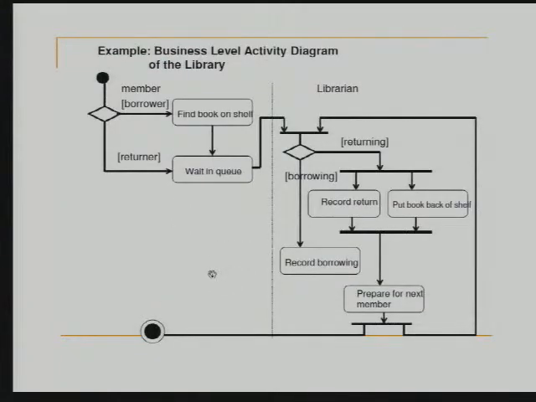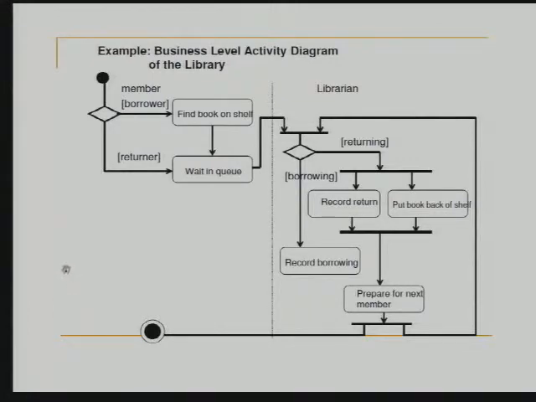So you could end up with a library type example where you have an activity that includes members and librarians, and you can see the swim lane that separates members and librarians. Think of time starting at the top, going to the bottom.